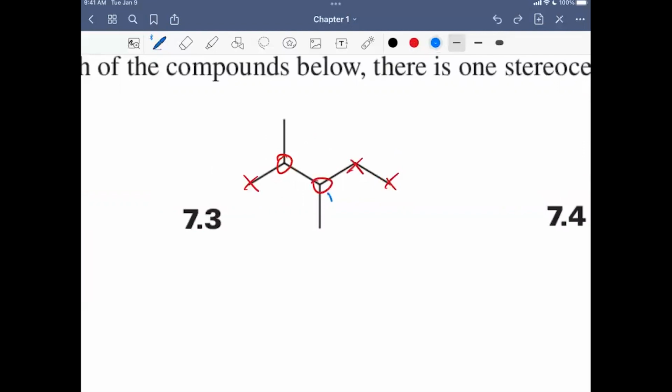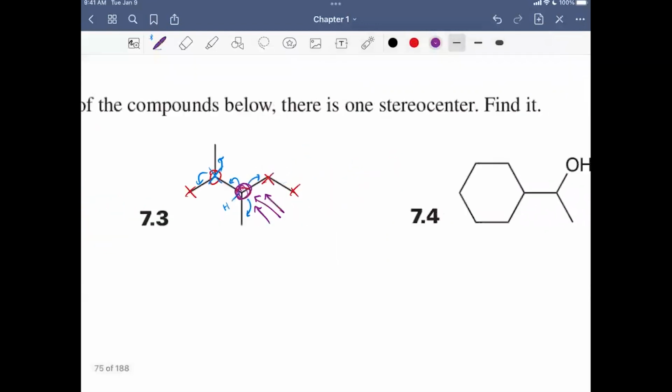So this one is attached to a methyl group, an ethyl group, and an isopropyl, and it has 1 hydrogen. This is attached to a methyl and a methyl. So those 2 methyls are the same, so that wouldn't be a chiral center. Our chiral center would be this one right here, because we've got 2 methyl groups on that other carbon.